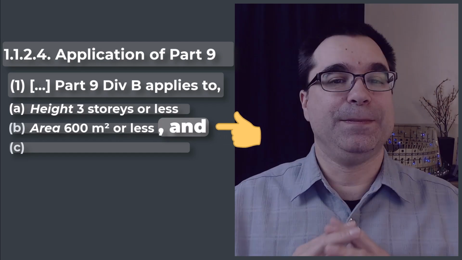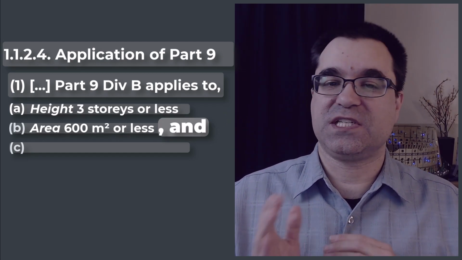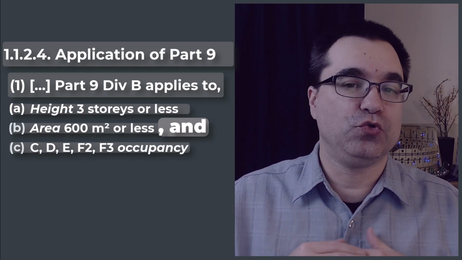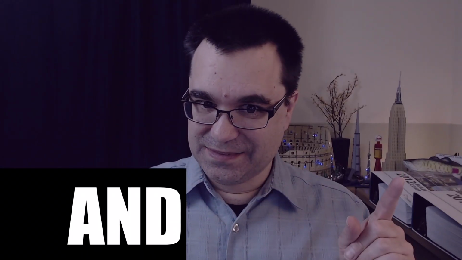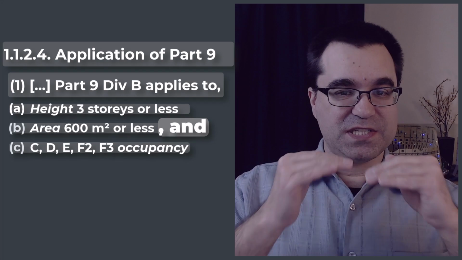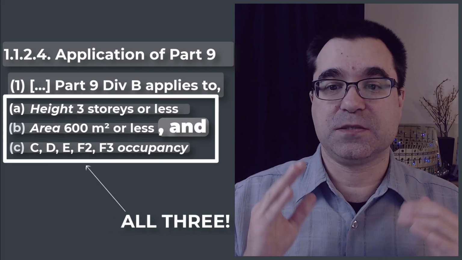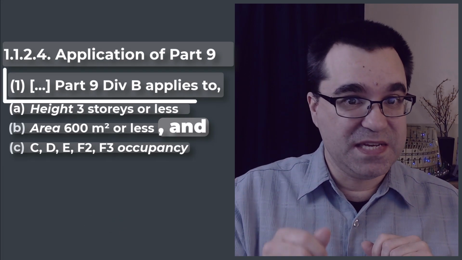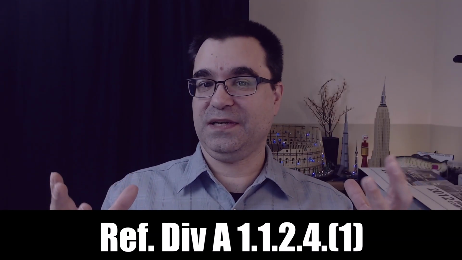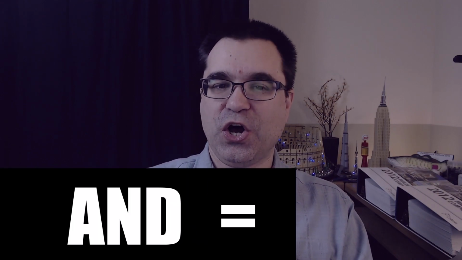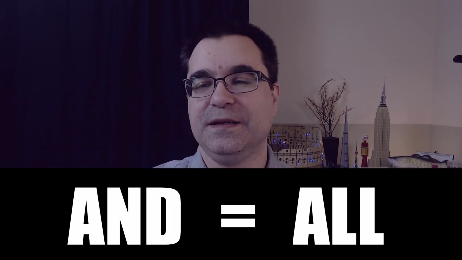And the building itself must be of either C, D, E, F2, or F3 major occupancy. Now, because and means all, every single one of these three conditions must be satisfied so that this item is true. The condition being, this item being, that the building is a Part 9 building. Again, and means all, as in all the items in the list. I hope that makes sense.